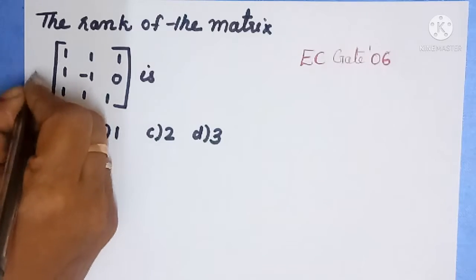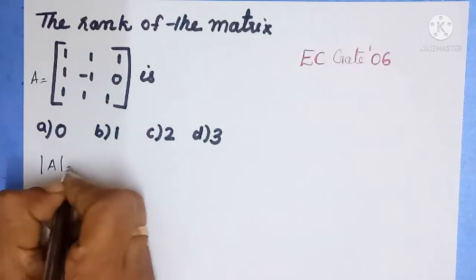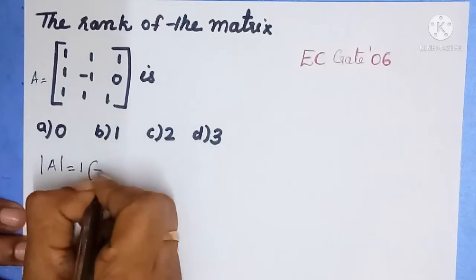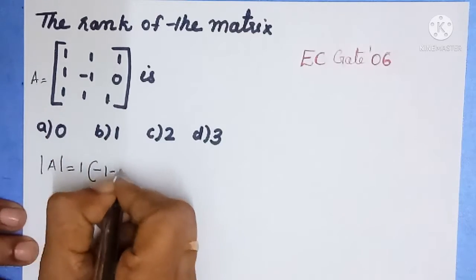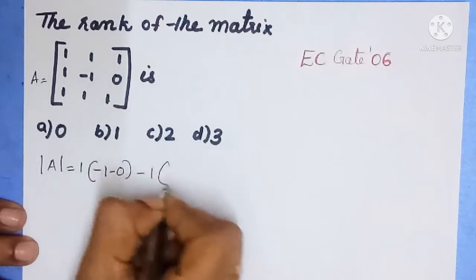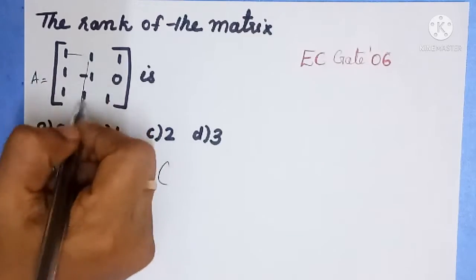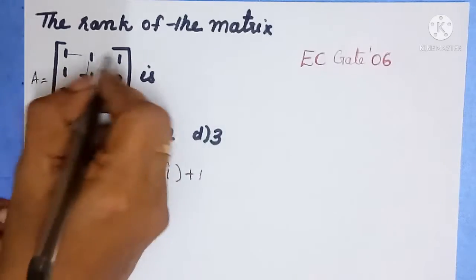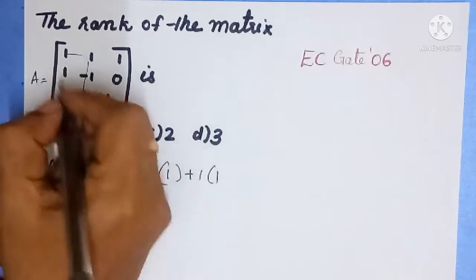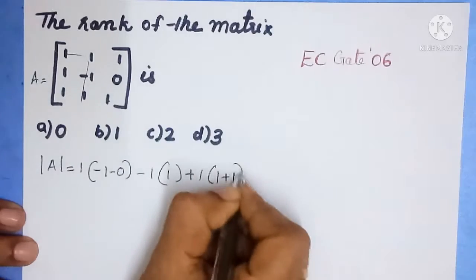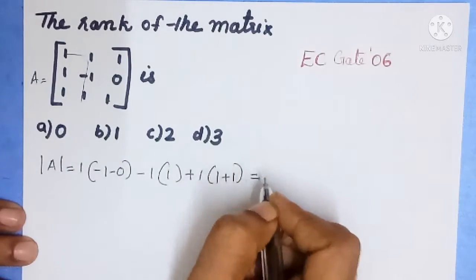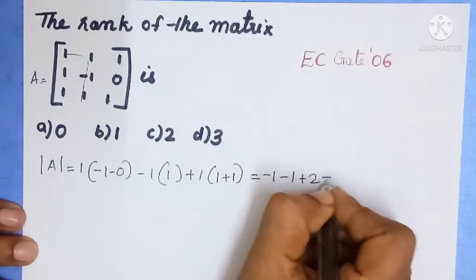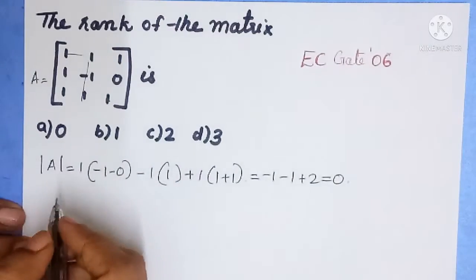We can denote this matrix as A. So determinant of A should be equal to 1 into minus 1 into 1 becomes minus 1, minus 1 into 0, then minus 1 into, avoiding this row and column, 1 into 1 becomes 1, then 1 into 0 becomes 0, plus 1 into 1 is 1. Here we get the determinant value equal to 0.